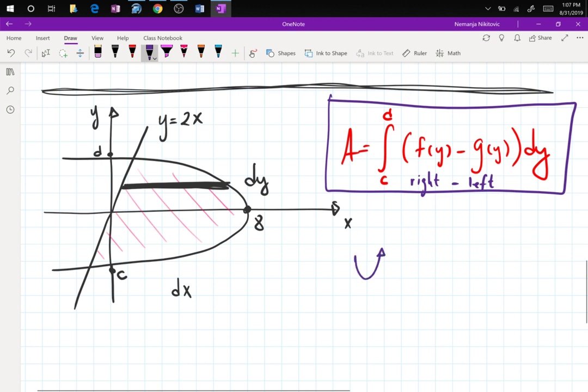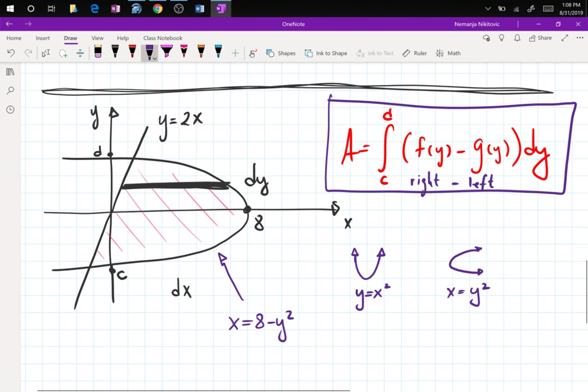If you have something like this, that's going to be y equals x squared. If you have something sideways like that, it's going to be x equals y squared. So to figure out this equation here, we will write x equals 8 minus y squared. That's our equation, following what you learned in pre-calculus for sideways parabolas. They're not functions, but if you have y as a variable, they become sideways functions.